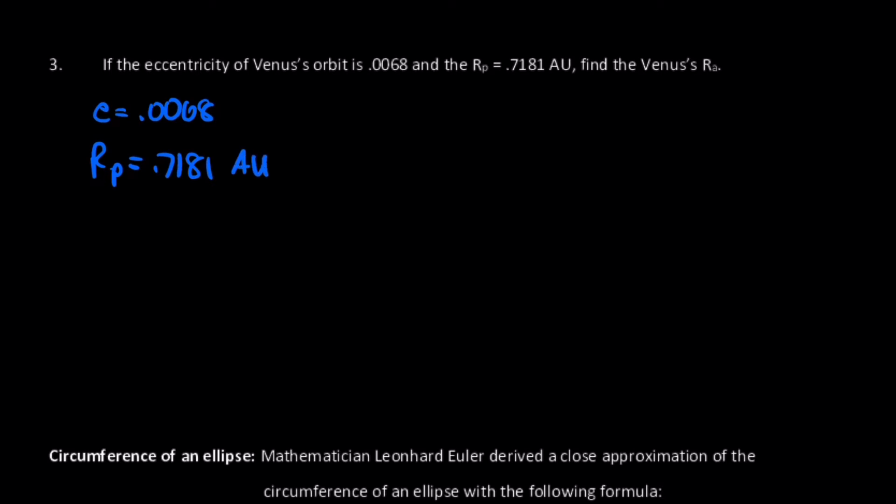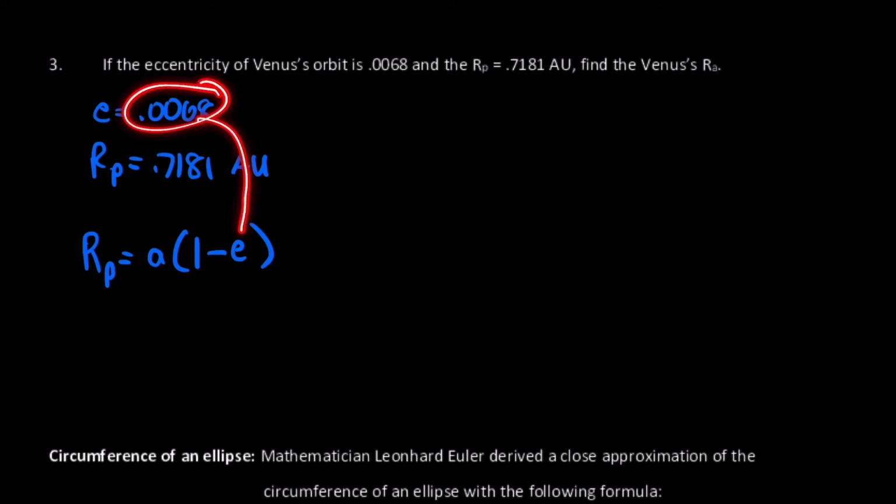Find Venus's RA. All right, well, again, this is just formula manipulation. What do we know? Well, I'm going to take my RP formula, which is A times 1 minus E, and plug in what we know. I know what E is, well, E goes there. I know what RP is, well, that goes there. Then we just solve this equation.